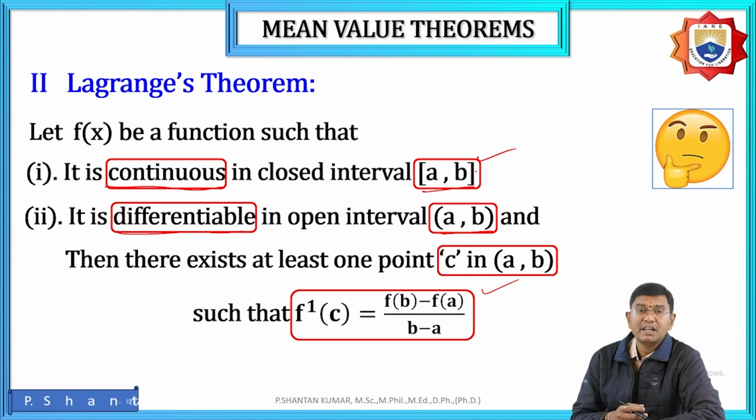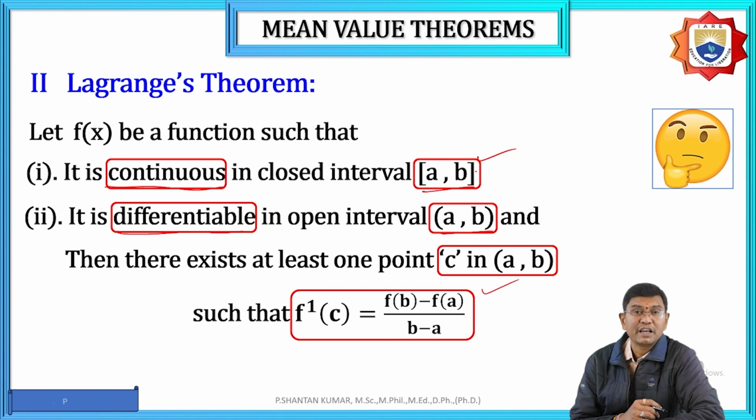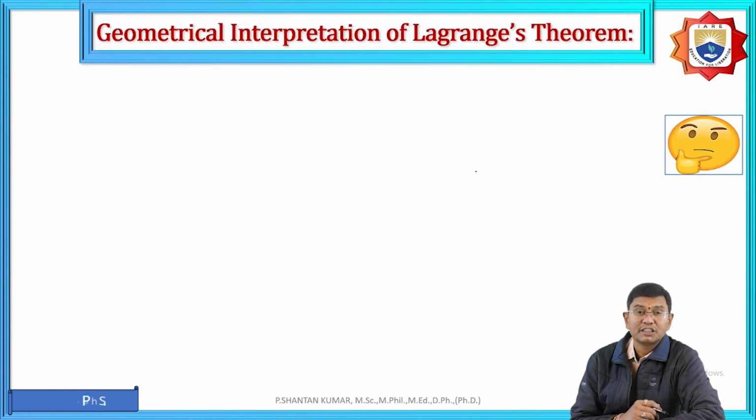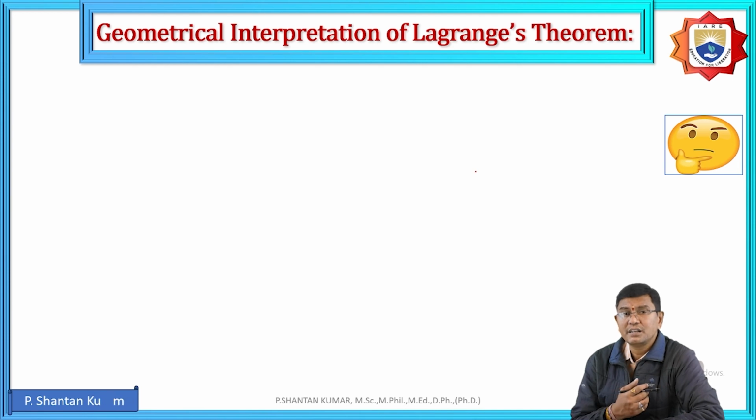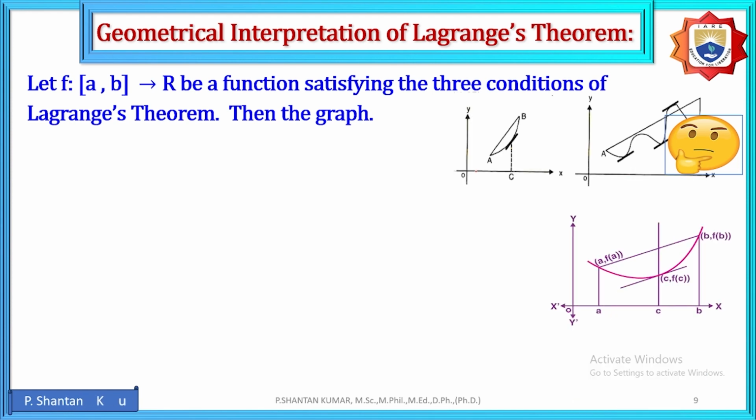And further, we need to discuss, same as the previous one, the geometrical application of Lagrange's mean value theorem. Here also we need to draw the curve. According to the condition, it is a continuous function without any break.